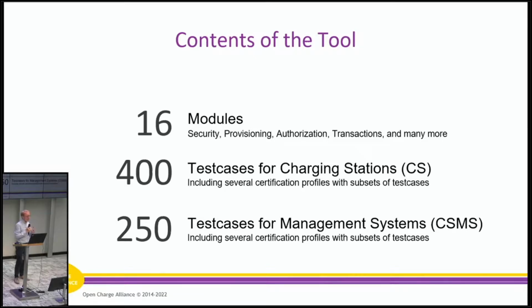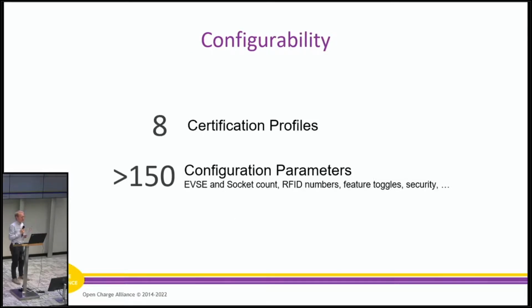So a lot of the basics, of course, but also a lot of the corner cases are tested. There's 8 certification profiles, like Frederik just mentioned, and there's also over 150 configuration parameters. Most of these you won't need to change, but this is just an illustration of the flexibility of the tool.